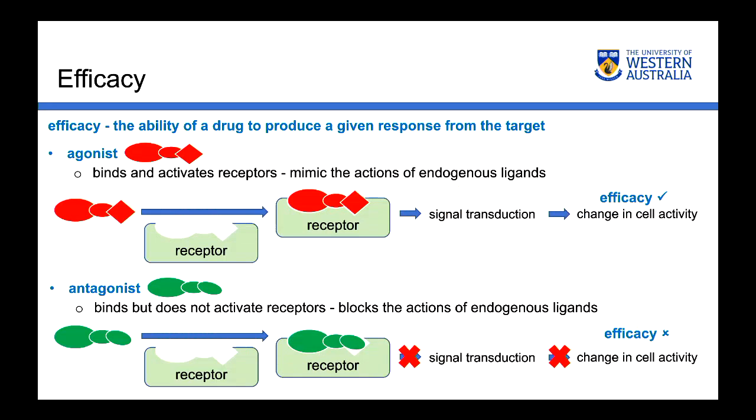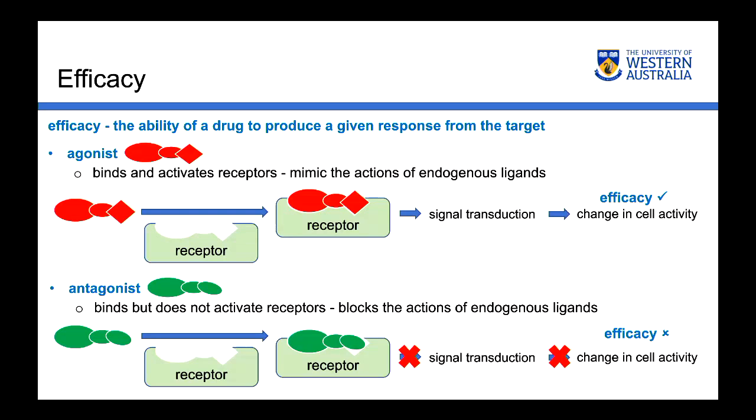Now, the other thing when we look at the interaction between a drug and a receptor is efficacy, the ability of a drug to produce a given response from the target. Keep in mind that an agonist activates receptors, and therefore it allows the initiation of signal transduction, and eventually this will lead to a change in cell function, and therefore we say agonists show efficacy at the receptor.